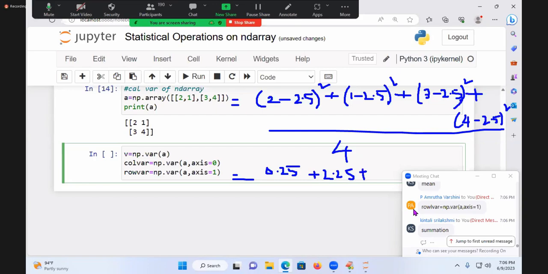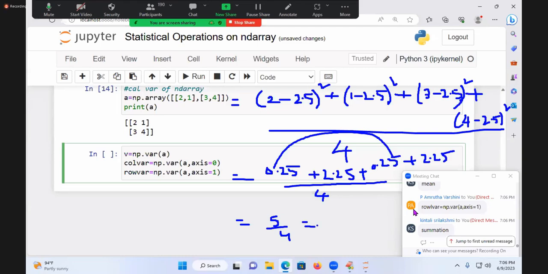Plus next is 3 minus 2.5, 0.5. That is 0.25. Plus 4 minus 2.5, 1.5. 1.5 already calculated, 2.25. By 4. 2.25 plus 2.25 is 4.50. 0.25 plus 0.25 is 0.50. 4.50 plus 0.50 is 5.00, by 4.